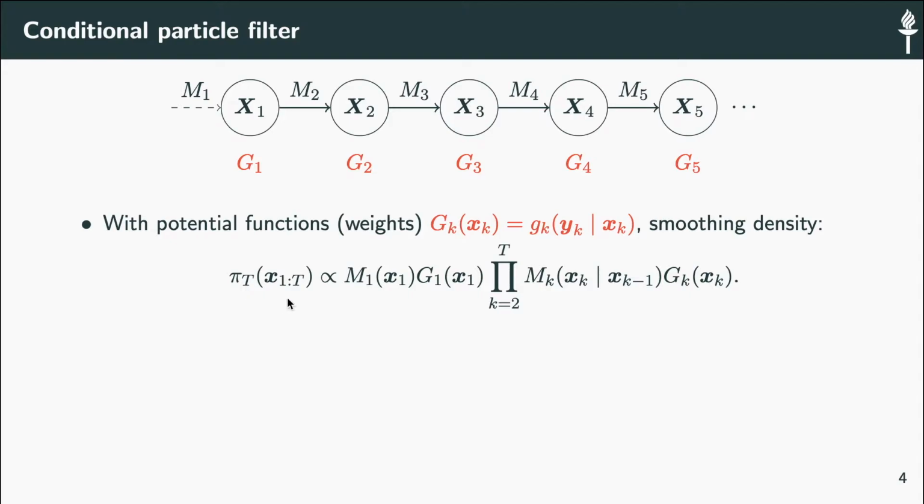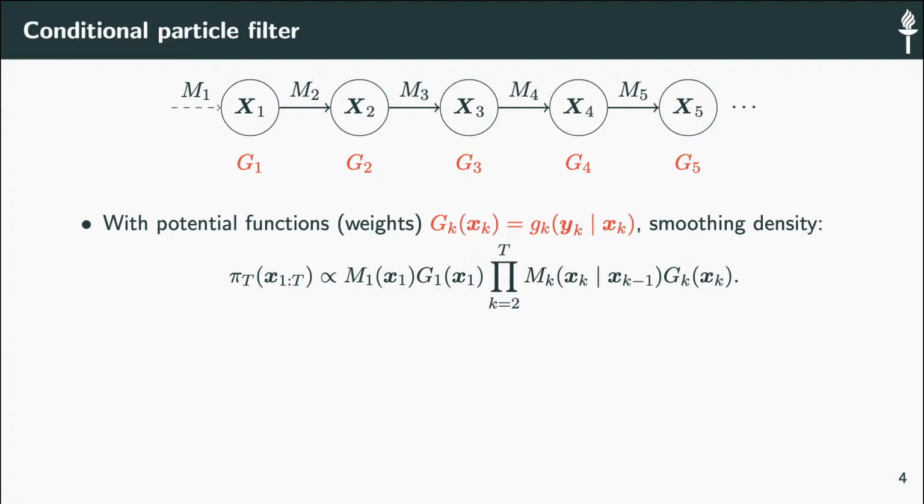And then the smoothing density becomes just the joint law of the Markov process, modulated or weighted by these potential functions g. So in principle, this could be solved by importance sampling, by basically drawing samples from the Markov process M and doing weighting according to G.